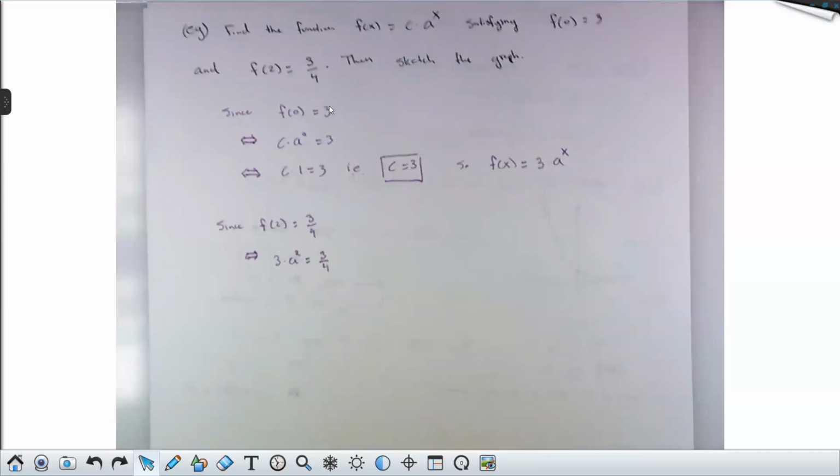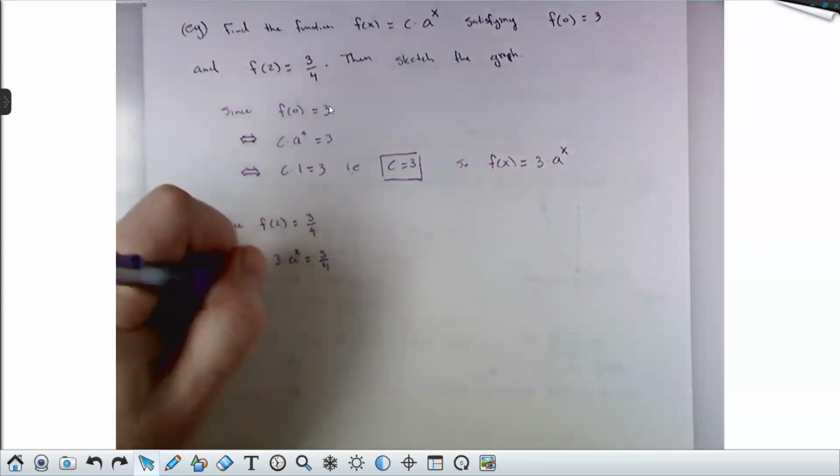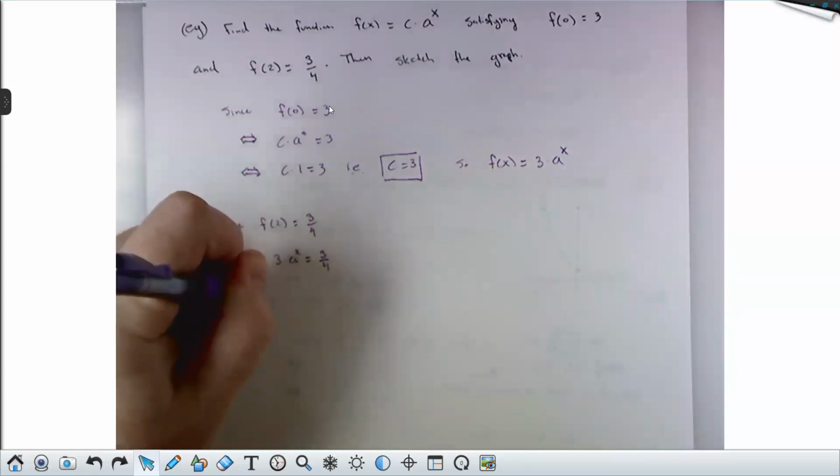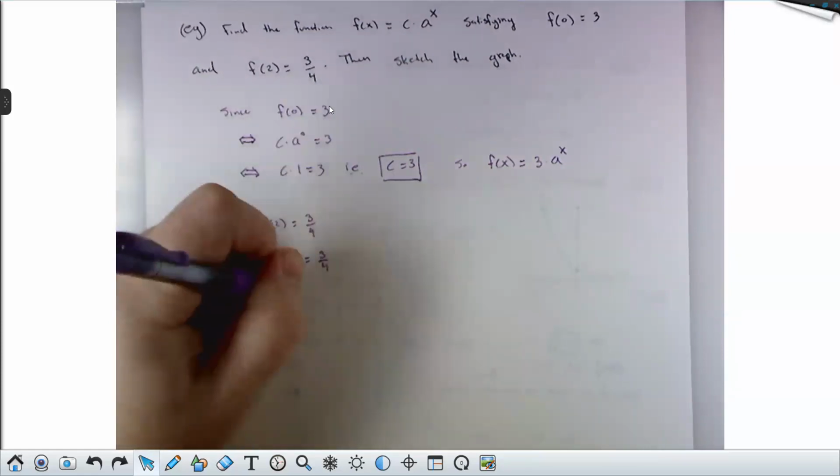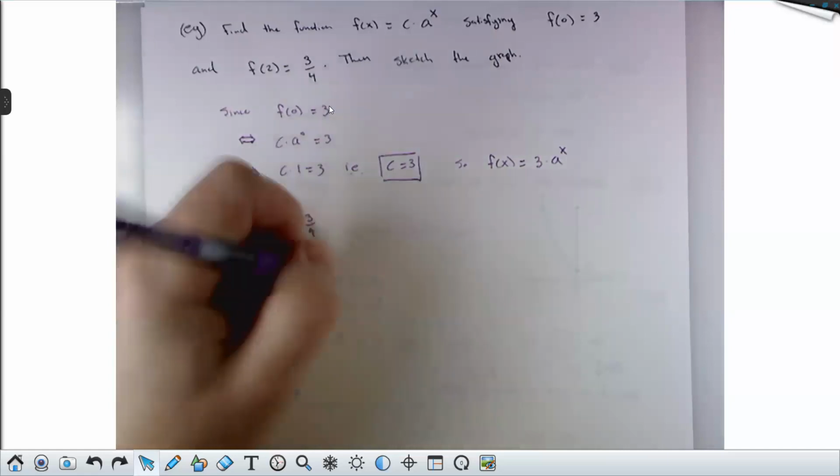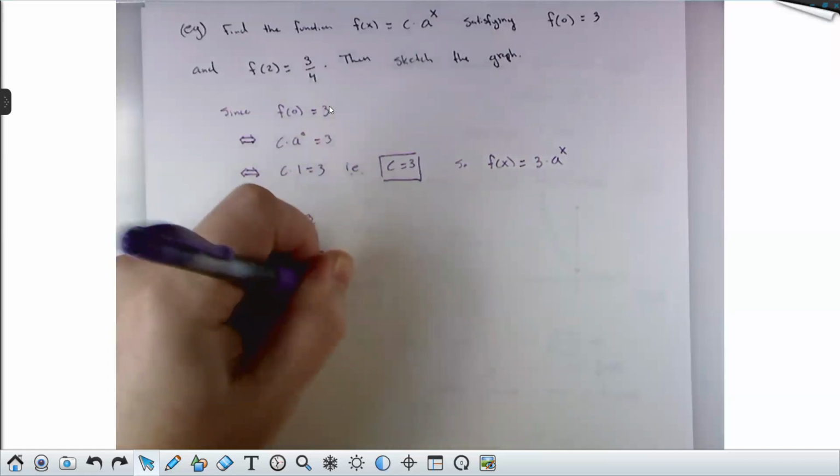Who can tell me what a good first step here would be? Get the 3 on the other side. Yeah, let's ditch that 3 on the left. So I'm going to divide both sides by 3. I'm going to write this down like this. I'm going to force us to deal with these fractions.